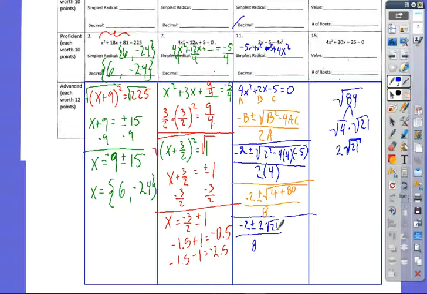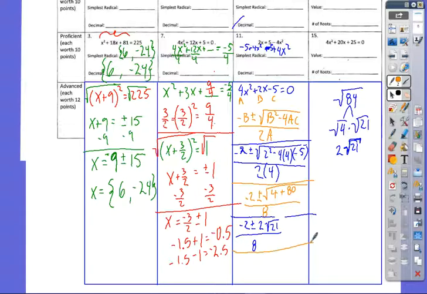Now, I am willing to bet right now that Avery Shunnison has noticed that -2, 2, and 8 all share a factor. What factor do they share? I can't hear you, sir. 2. 2, okay. So, 2 divided by 2 is 1.